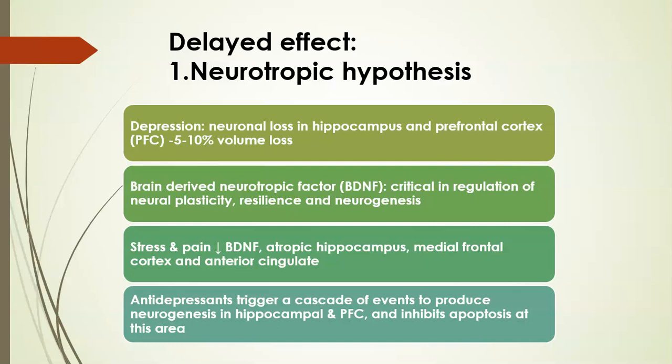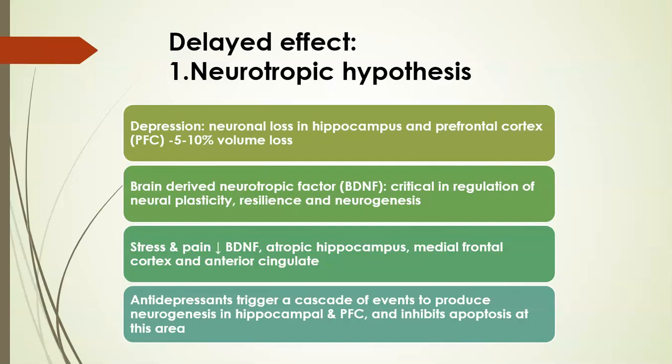So if you give antidepressants, somehow you tend to trigger neurogenesis in these regions, which is really something quite recent, right? This idea, because I remember when I was in medical school, we always said that neuronal cells cannot regenerate, right? But more and more evidence is accumulating to say that this is actually not true.